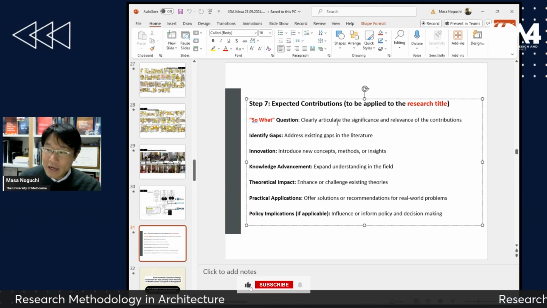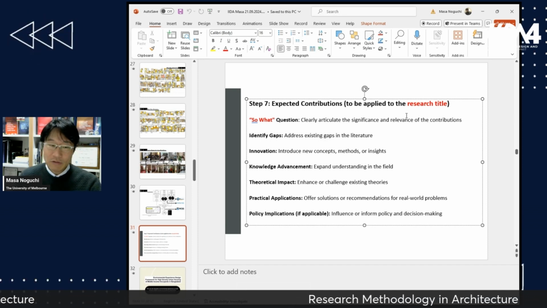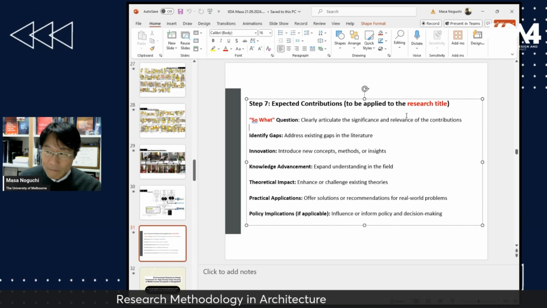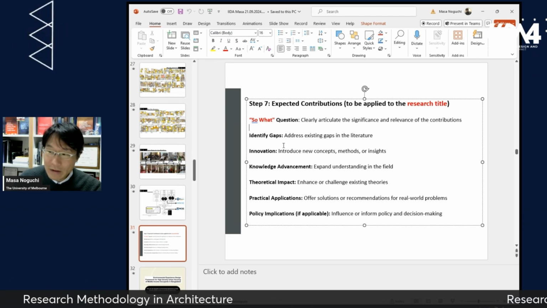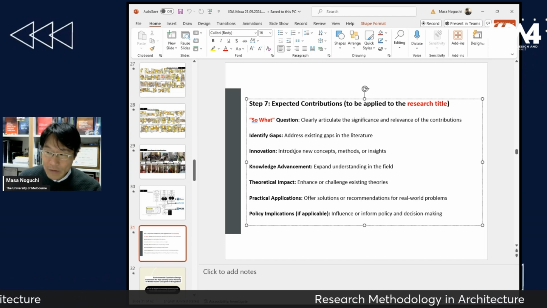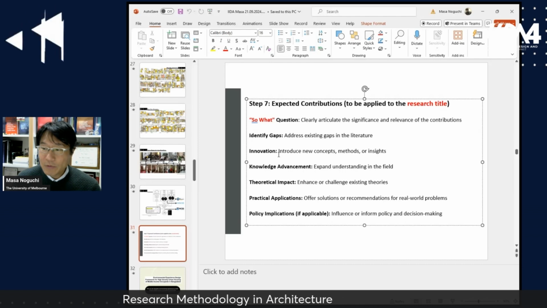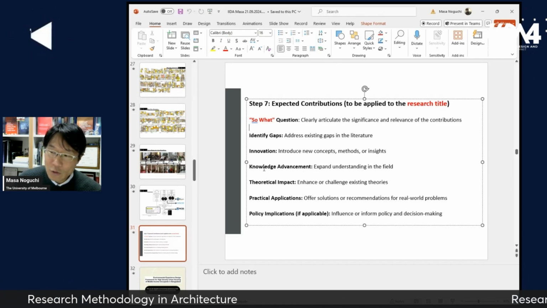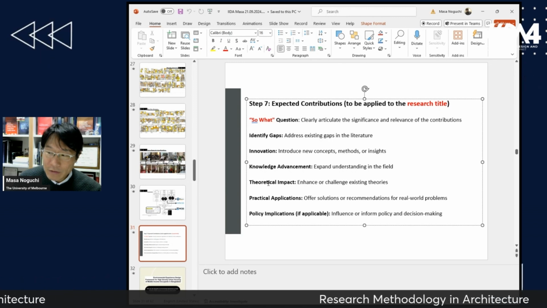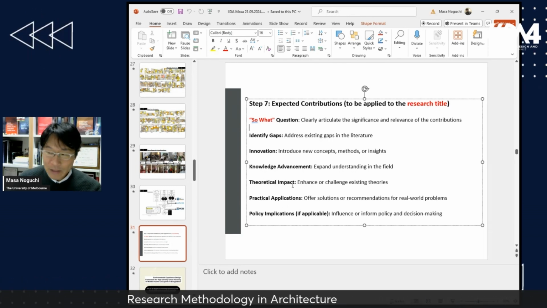Clearly articulate the significance and relevance of the contribution. These contributions need to be novel, and identify the gap. Innovation and novelty are very important. And the knowledge contributions are not only theoretical impact, but also practical applications.